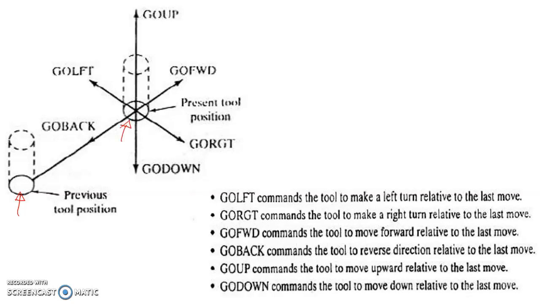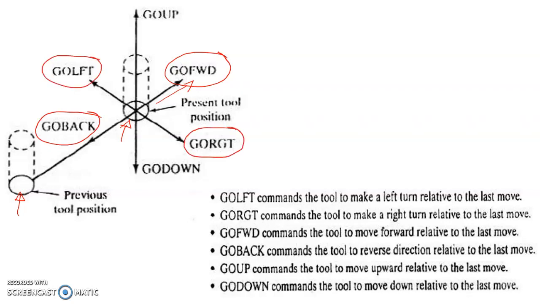With respect to the previous position, if the tool is moving in the same direction, then we use this word, GOFWD, which stands for go forward, and just the opposite is GOBACK. Left is GOLFT, and right is GORGT. Go up is like this, and go down is like this, and all are explained over here.